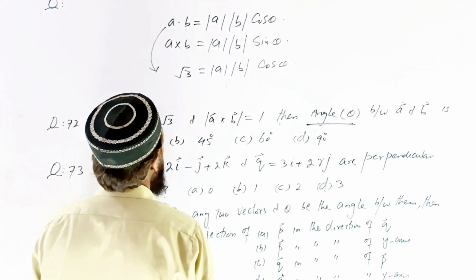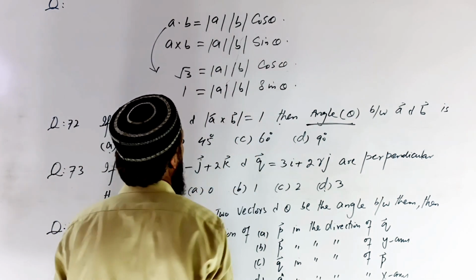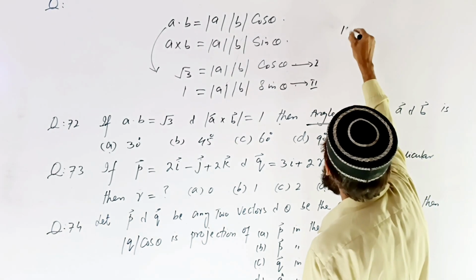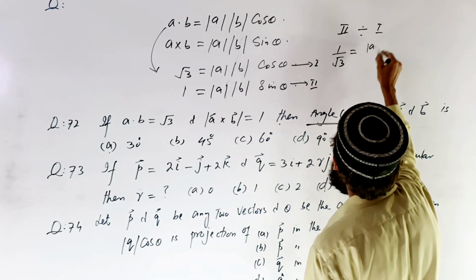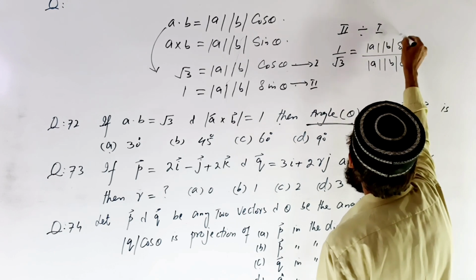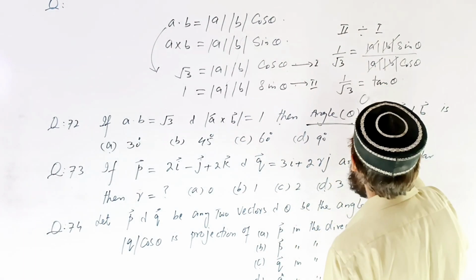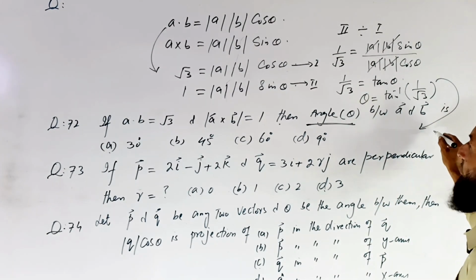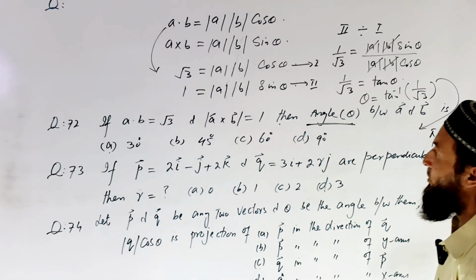Similarly, A cross B is equal to 1, magnitude A, magnitude B, sine theta. If we divide the second equation by the first, we get 1 over root 3 is equal to sine theta over cos theta, both magnitudes cancelled, so tangent theta is equal to 1 over root 3. Theta is tangent inverse of 1 by root 3, which is pi by 6, equal to 30 degrees.